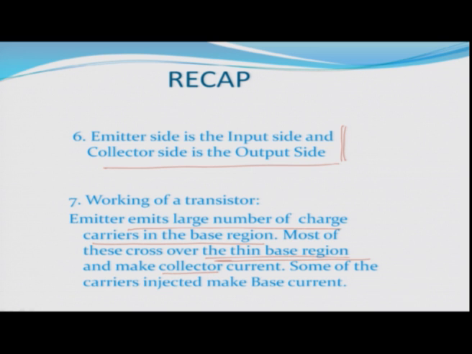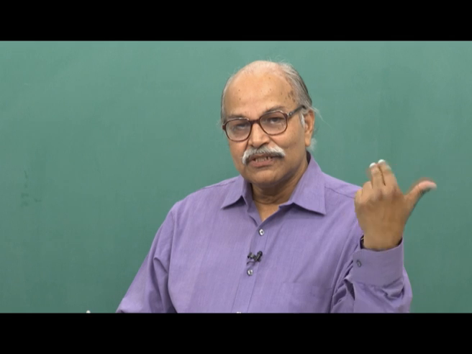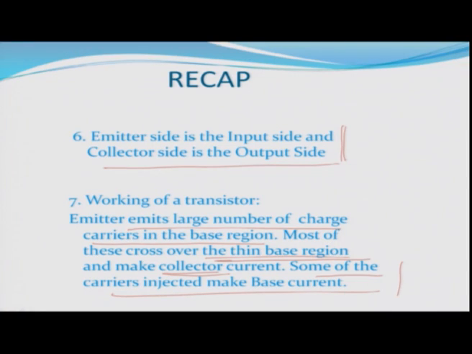So, that is why the name collector, it collects those charge carriers which are injected by the emitter into the base, and most of them are collected there. Some of them of course go into the base circuit, or they recombine with some hole and some new electron, where a bond is broken at some other place, and that new electron goes into the base circuit. Essentially, that makes the base current. So, this is what we had done earlier.